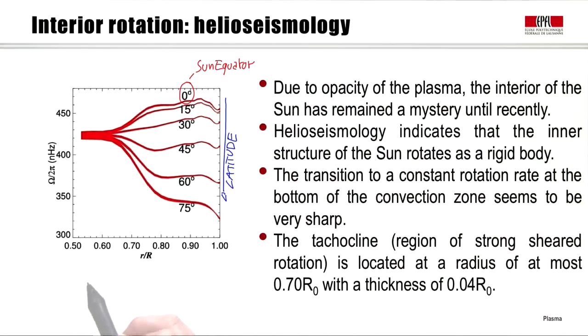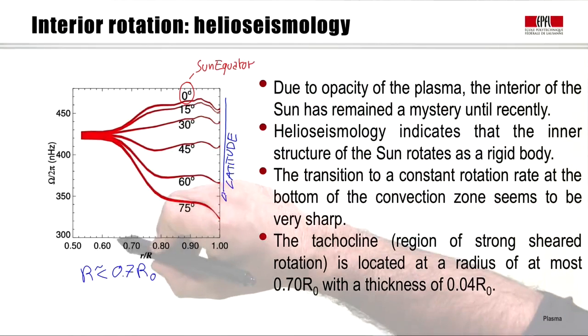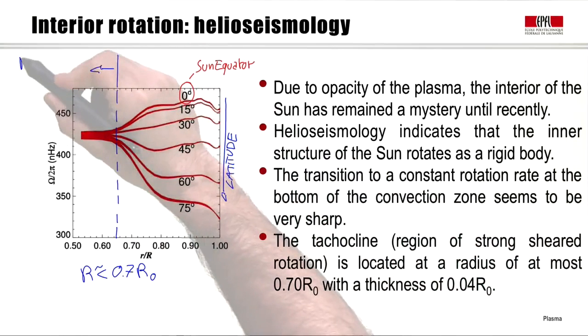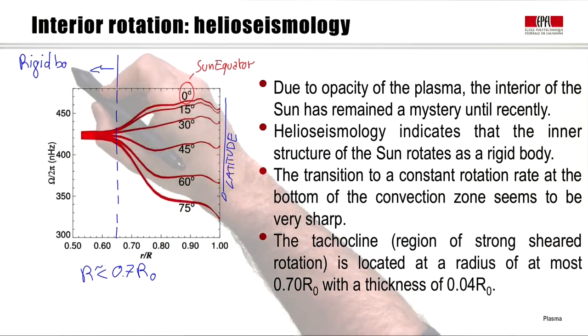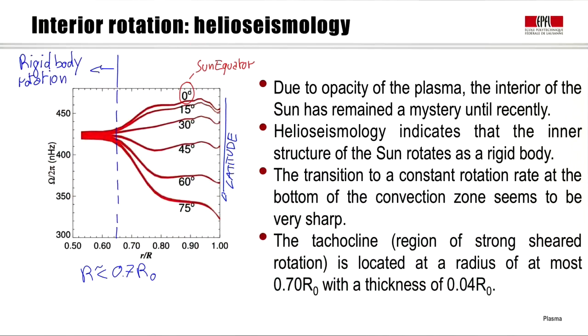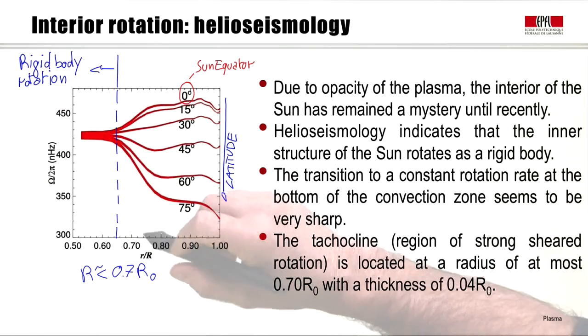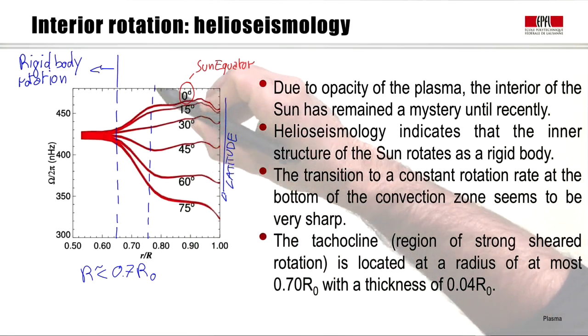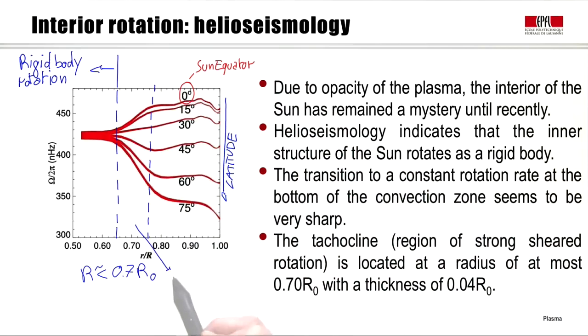We observe that in the inner part of the Sun, for r approximately smaller than 0.7 R naught, the Sun rotates as a rigid body at a speed between the polar and the equatorial surface speeds. The transition to a constant rotation rate happens in a very narrow region of thickness 4% of the Sun's radius, which is called the tachocline.